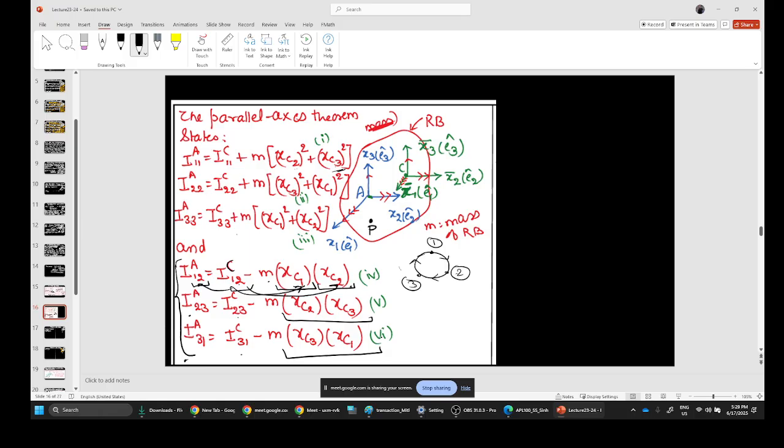Very useful theorem. How is it useful? Suppose you know IC11 and you want to go to IA11, you do not have to perform all that integration over and over again. What integration am I talking about? IA11 by definition is this.